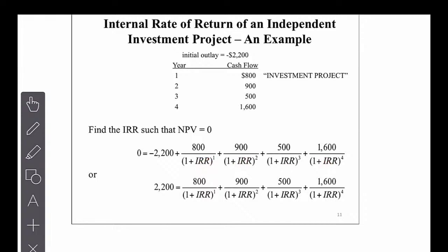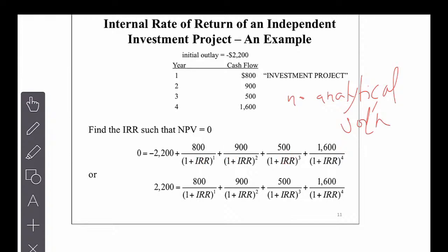Can you solve for IRR? So we've seen this before. There's no analytical solution to this. Okay? There's no analytical solution. It means I cannot isolate IRR equals something.